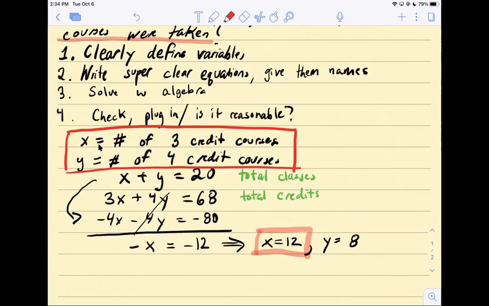Please hit the yes button if you feel pretty comfortable with this example. And also, are there any questions? So one student asked, why didn't I do anything with the 3x and -4x?